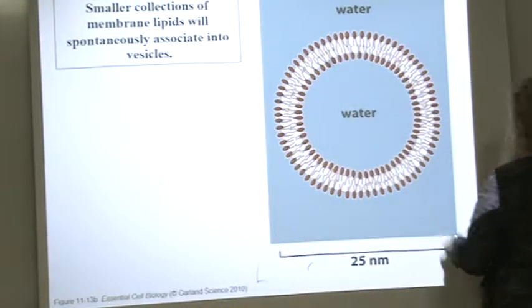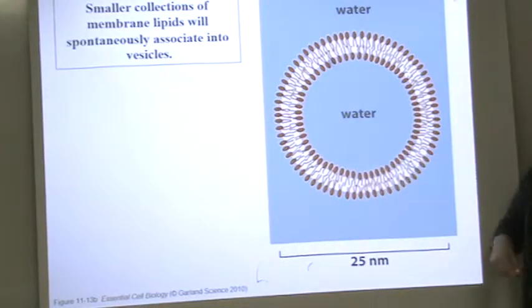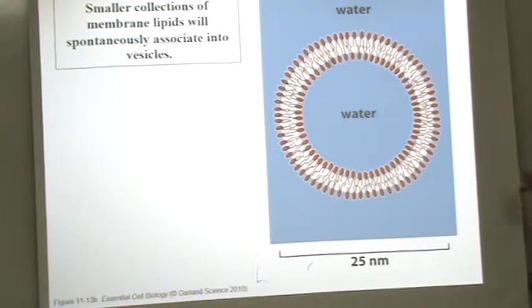Many of them, depending on their concentration, will form various sizes of vesicles. So that fact about increasing entropy overall means that vesicles can form spontaneously. It's not hard for a cell to make a vesicle form.